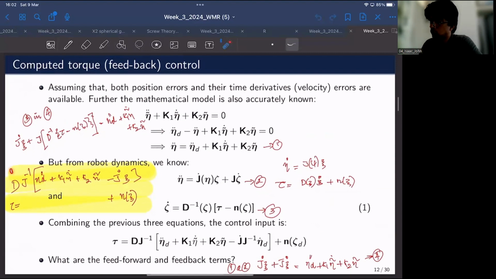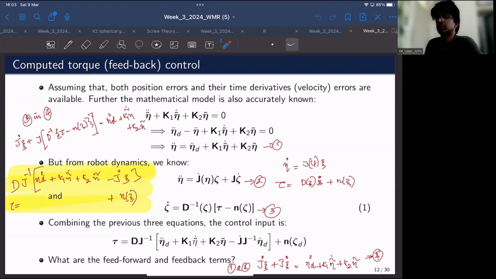So this is about closed loop dynamic controllers. We can also see what the feedback terms and feed forward terms are. This is a pure feed forward term, and probably this too, because these come from the trajectory planner. And what are the feedback terms? These two are the feedback terms because they consist of eta tilde dot and eta tilde, where eta tilde is the difference between the desired and actual position coordinates.